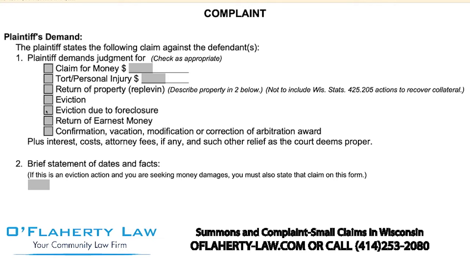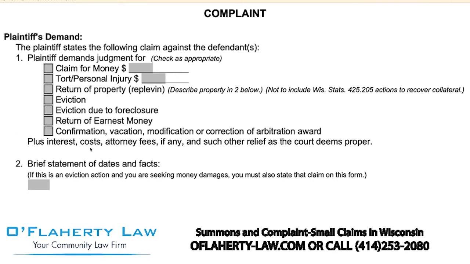Eviction due to foreclosure. If the property is being foreclosed on, you need to provide that foreclosure paperwork. Return of earnest money, like I said, where's your writing? What's in writing to show that earnest money was paid and why? Confirmation, vacation, modification, or correction of an arbitration award. You should have something in writing from the arbitrator showing their decision.